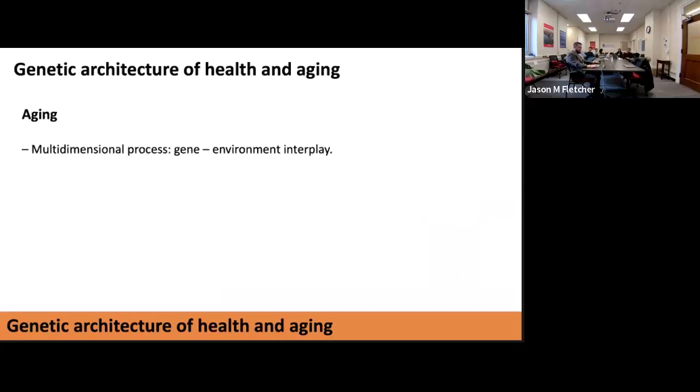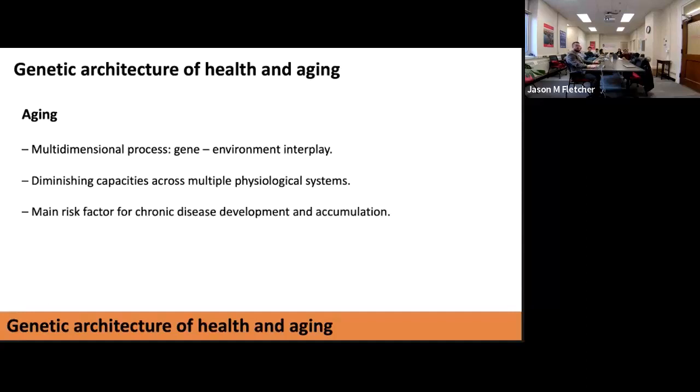So aging is a multidimensional process highlighting both genetic and environmental factors and a complex interplay between these factors. It is associated with diminishing capacities across multiple physical systems and is the main risk factor for chronic disease development and accumulation.